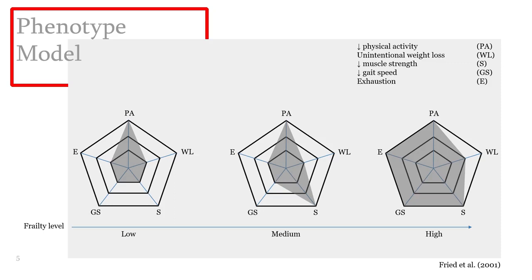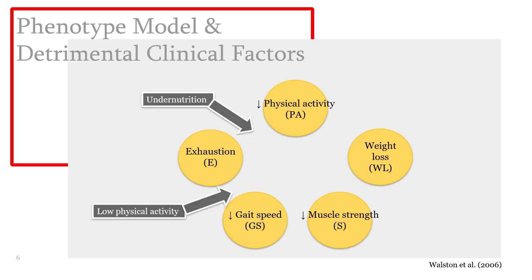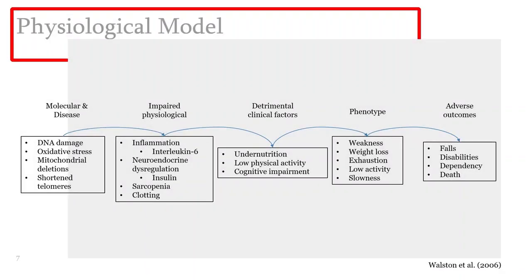For the pentagon on the right, it shows that the person is recognized with four frailty characteristics, except unintentional weight loss. This implies that the person might possibly have a higher frailty level. Apart from low physical activity or sedentary lifestyle, cognitive impairment would contribute to the development of frailty as well.